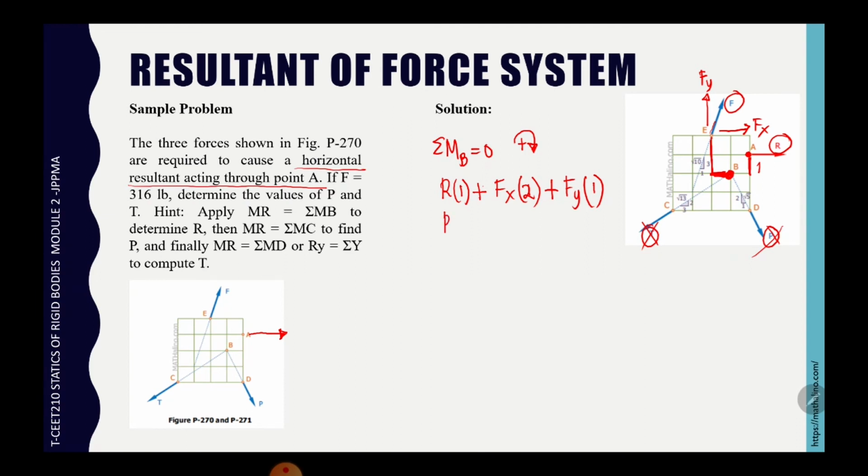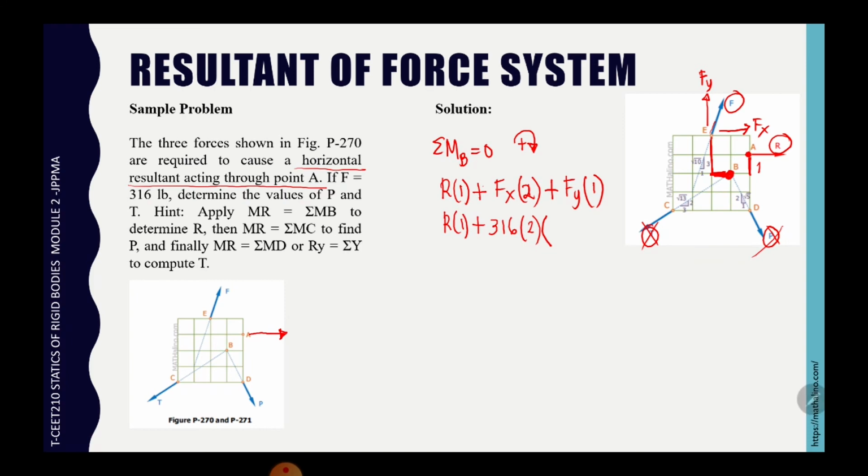So, given yan, si R1 plus si Rx ay si Fx ay given si F, diba? So, 316 times 2 times yung angle, yung slope niya.